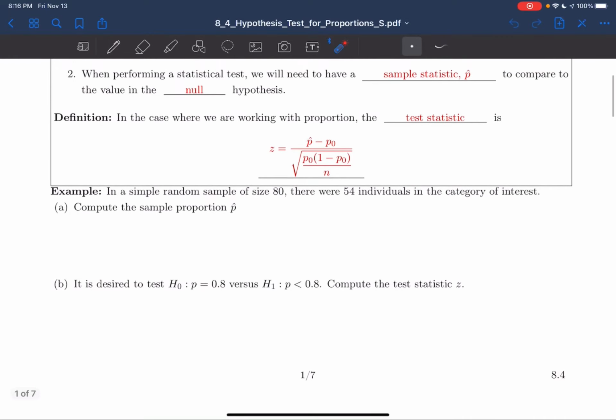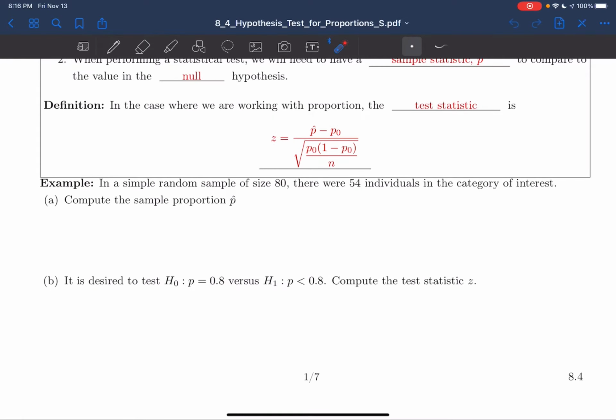Example 1. In a simple random sample of 80, there are 54 individuals in the category of interest. First step, we want to compute our sample proportion, p hat. This is equal to X over N, where X is the number of individuals we care about.